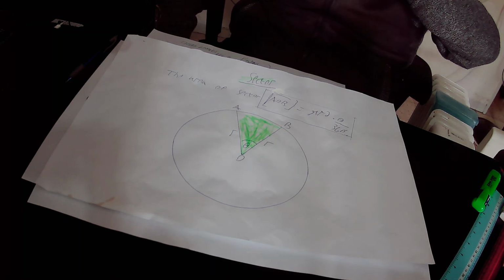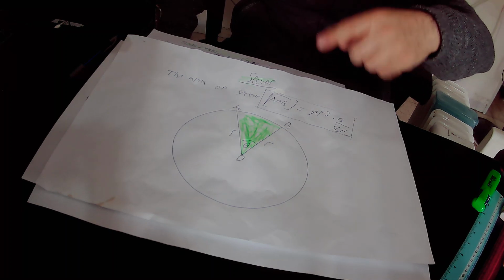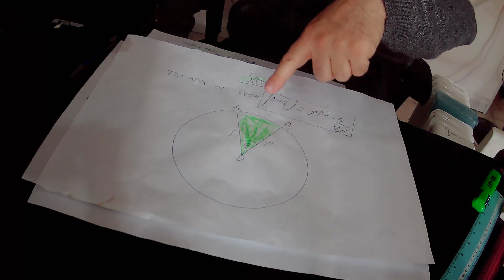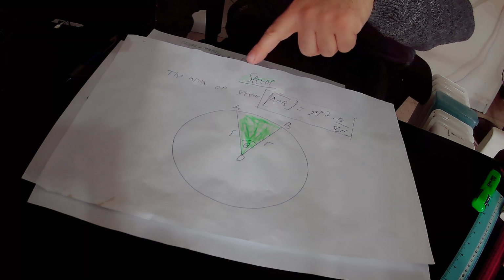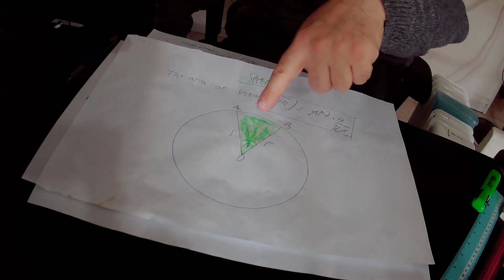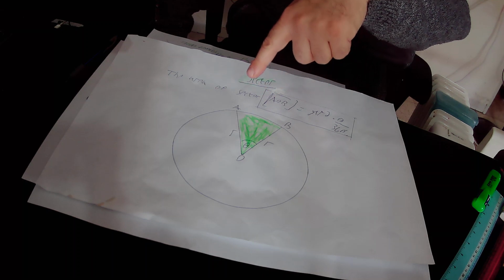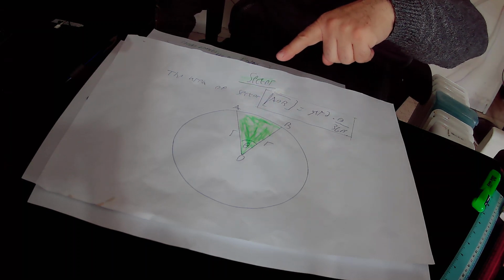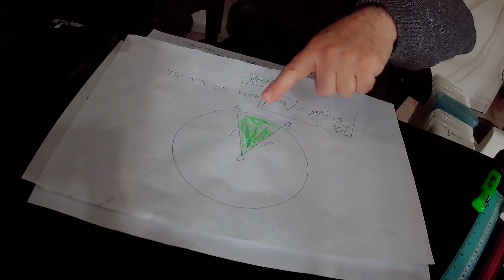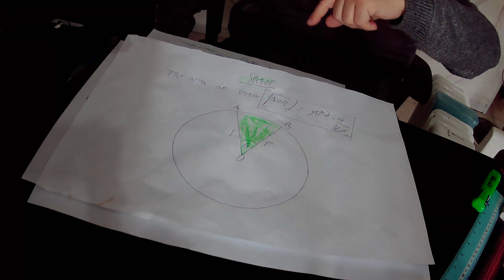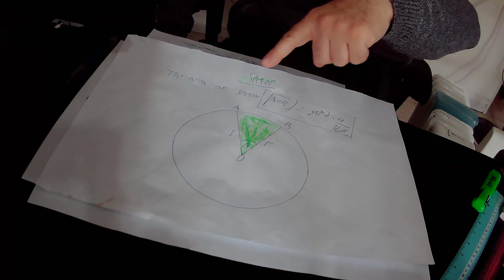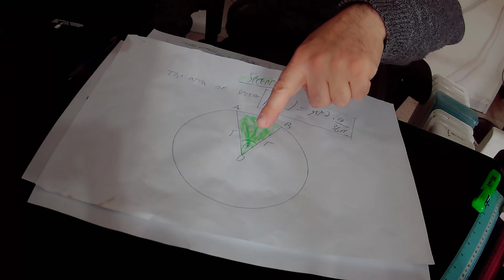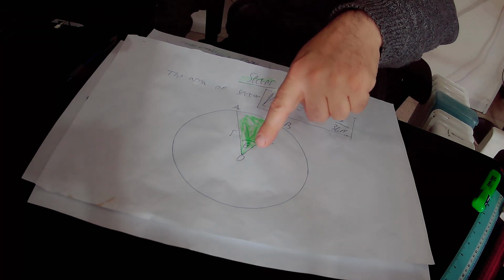Or we can also say that sector AOB consists of two radii. The first radius is BO and the second radius is AO. The angle between those two, AO and BO, is theta, and it also consists of an arc that is located between those two legs, OB and OA.